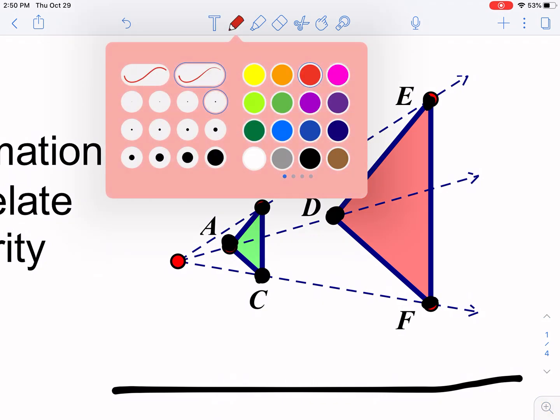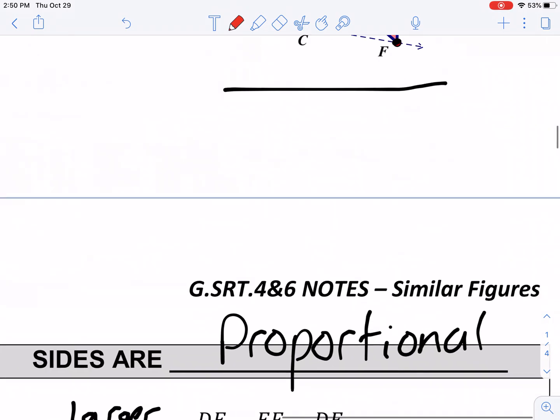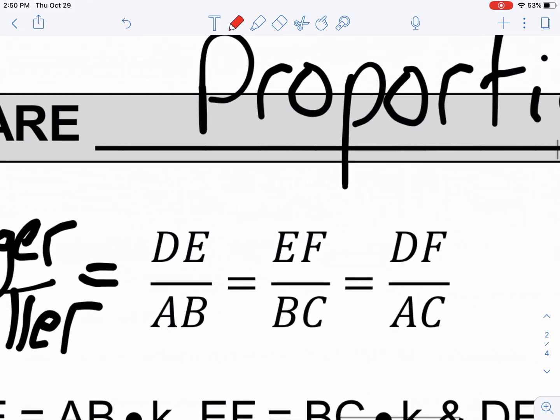So if we have AB and DE, these guys would be corresponding sides. If I wrote the side lengths as a fraction, DE over AB, that has to be proportional to the other side lengths. So if I take the larger side, DE over AB, that should equal the corresponding sides written as a ratio.